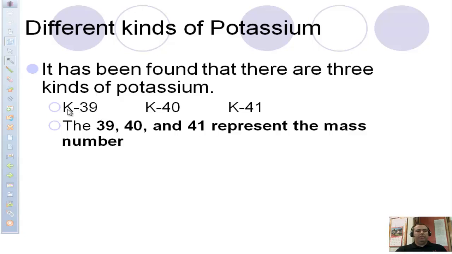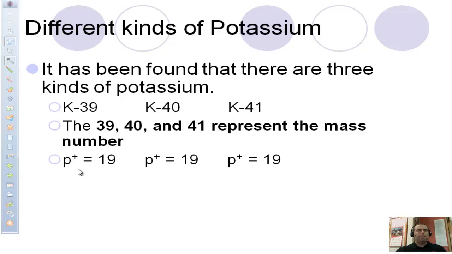K represents potassium. The 39, 40, and 41 represent the mass number. Again, 39 for a mass in the nucleus, 40 for a mass in the nucleus, 41 for a mass in the nucleus.